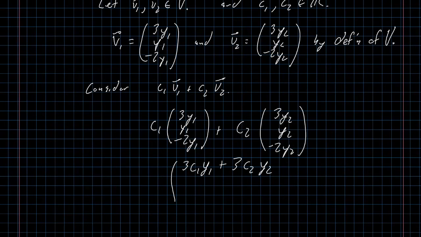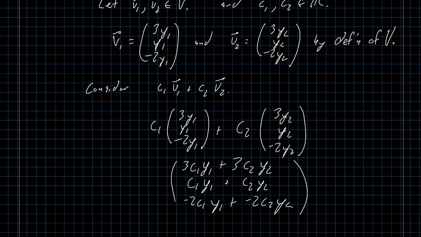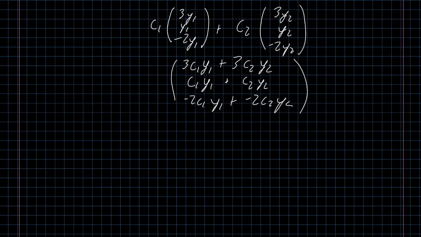For the sake of time, I'm not going to go through and write out every step, but you can do the scalar multiplication, you can do the vector addition, and you end up with a thing that looks like this. And then from here, I'm going to factor out just a little bit.